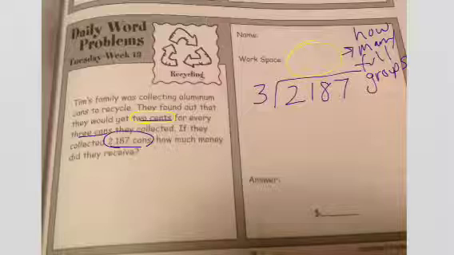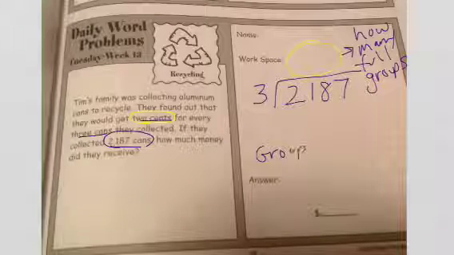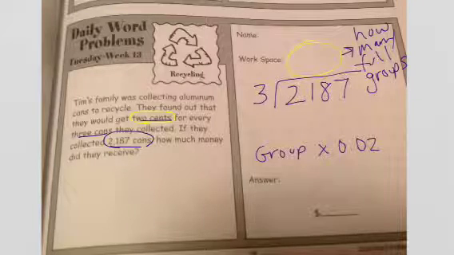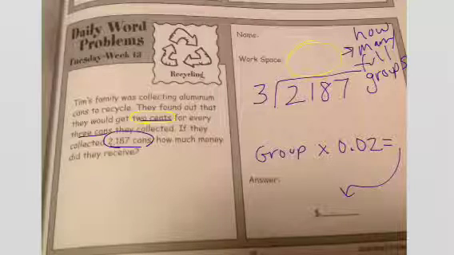Well, I could take that amount and multiply it by 2 cents. And that should tell me how much money I received in total for all 2,187 cans. Good luck!